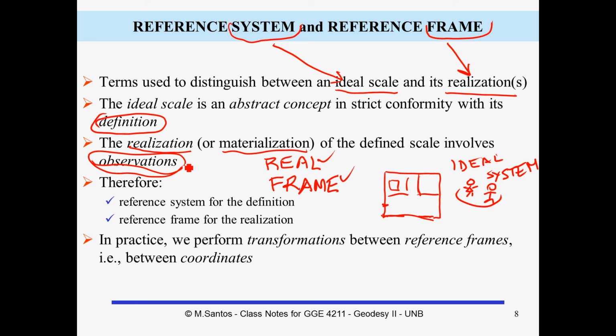And then here comes the problem, because observations will have uncertainties, and we may have instruments that are not totally well calibrated, etc. So it becomes nearly impossible to materialize or realize an ideal system. So reference system is for definition, reference frame for realization. So in practice, we do transformations between coordinates that come from reference frames. So here's something that is important to realize.